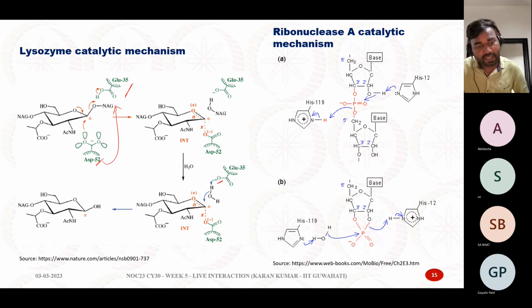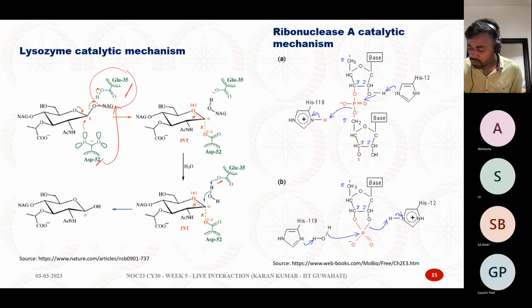It will be the inverse when you increase the pH. When you increase the pH, glutamic acid will not be able to ionize properly, and aspartic acid will be in the ionized case.